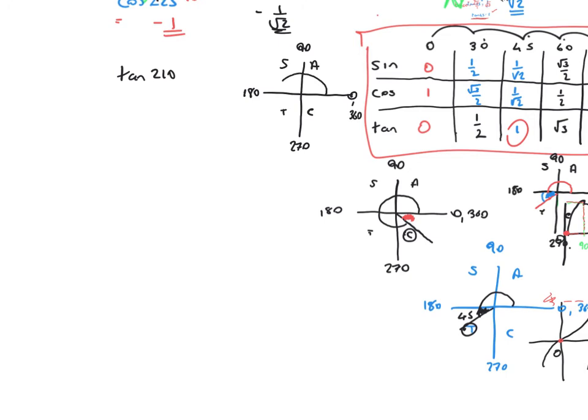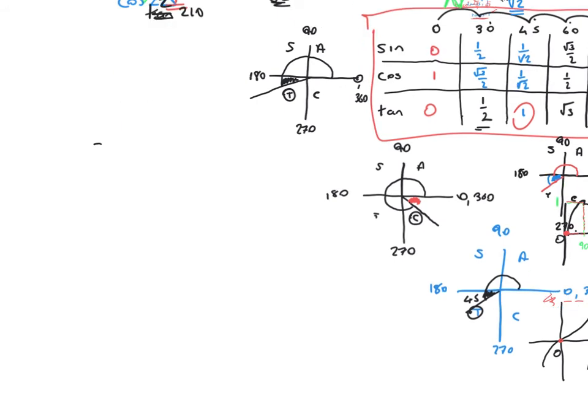Okay, 90, 180, 210. Okay, so it's tan. We're in the tan quadrant, so it's positive. Tan is positive in the tan quadrant. My acute angle then is 30 degrees. Tan 30, go to the diagram, and that is 1 over root 3.